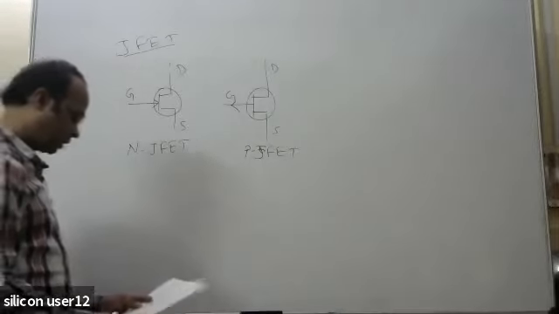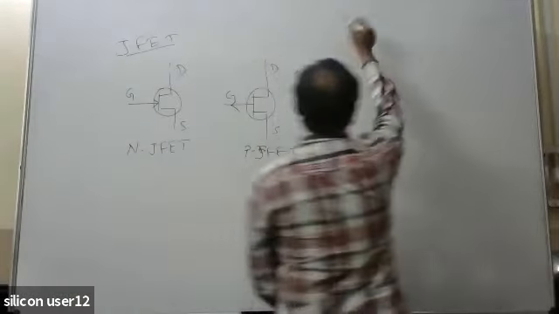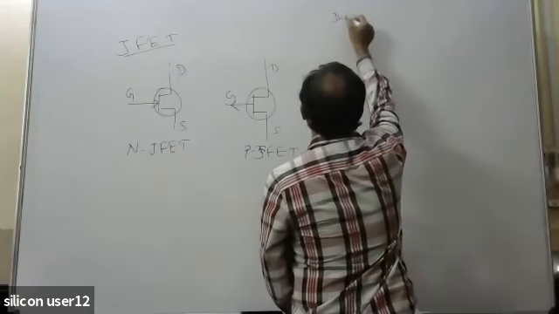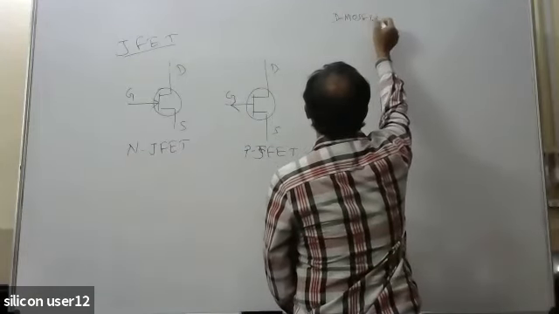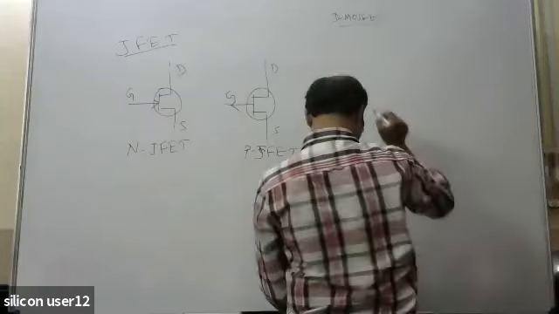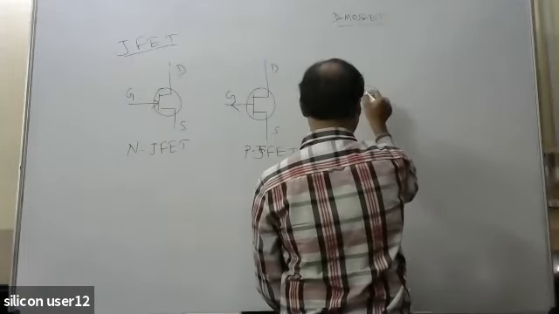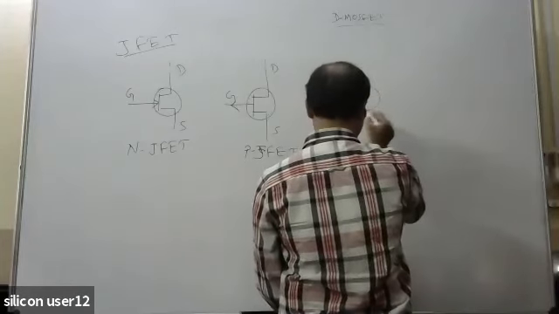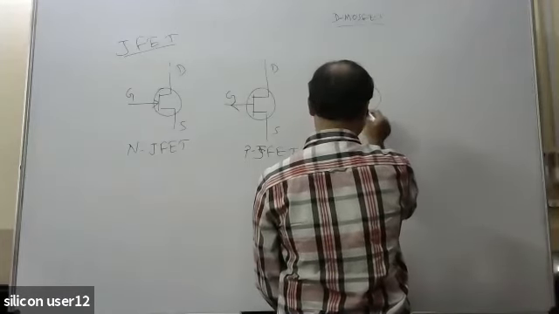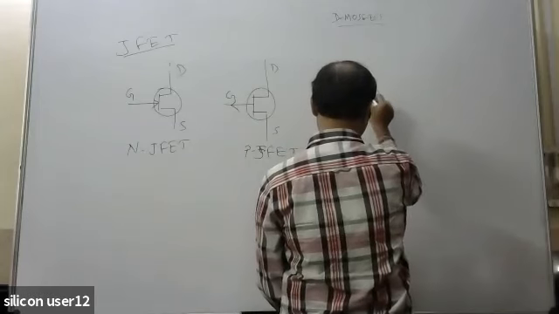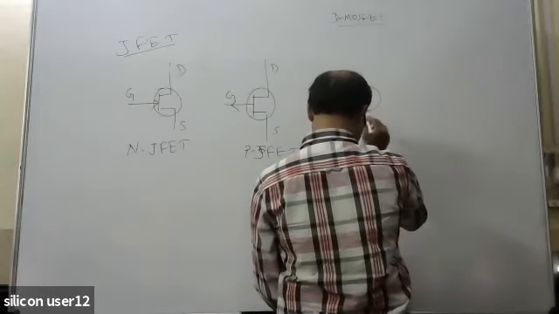Similarly, for the depletion type, the symbol is here. We have two lines.